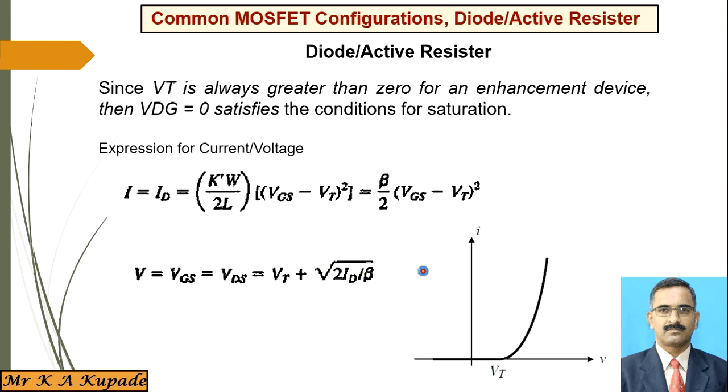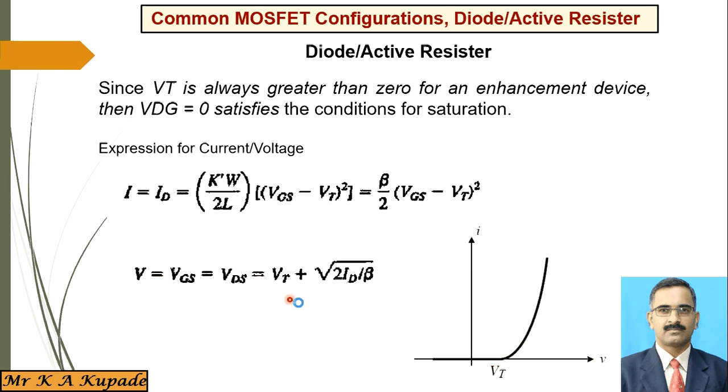Now, what is this particular V voltage? V voltage is nothing but VGS, that means the gate to source voltage. And that gate to source voltage is equal to VDS, which is equal to Vt plus under root 2ID divided by beta.